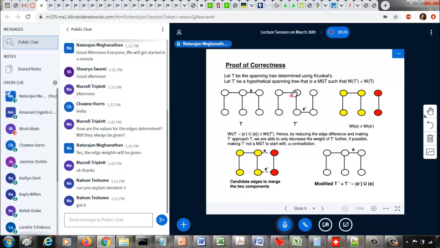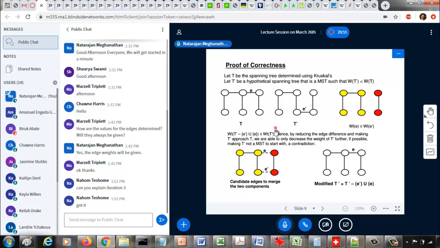This edge is in both trees, this one is in both trees, and this one is also there. So the number of edge differences between T and T prime is 1, because there's only one edge here that is not there and vice versa. If we had another edge that is in one tree and not in the other, and vice versa, that would be another edge difference, giving two edge differences. In this case, we have only one edge difference between the two trees.